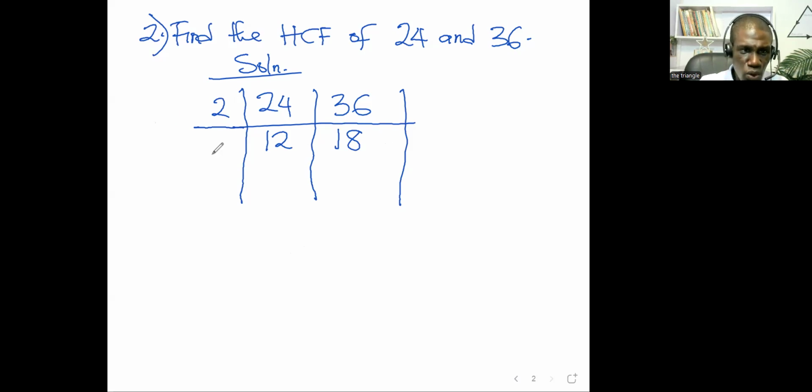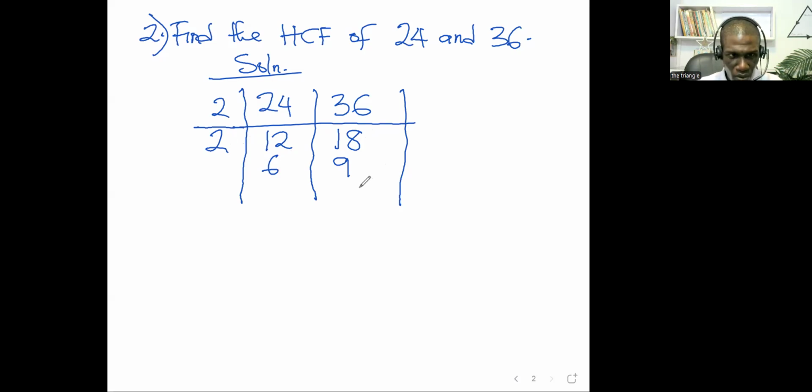Now, 2 goes into 12, we'll have 6 as well. And 2 goes into 18, we'll have 9. Now, let's see. Again, can 2 go into 6? Yes, 2 can go into 6. But can 2 go into 9? No, 2 cannot go into 9. There will be remainder.